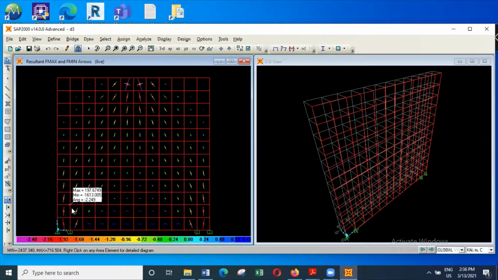So when you have one compression this way, another compression this way, then if you take the horizontal component of all these forces, you can find the reinforcement needed in this area. The reason is, if you look at all these ones, you can see the forces.